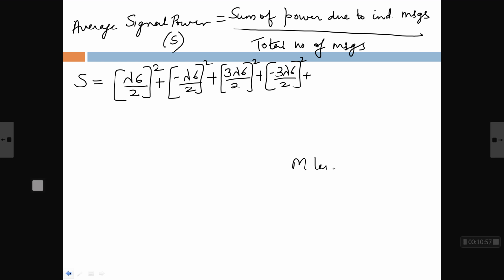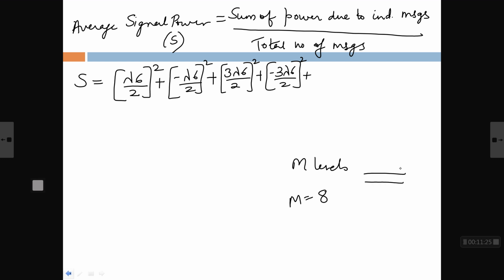Now how many such levels will be there? If we have m different levels, 4 are there on the positive side and 4 are there on the negative side, assuming that we want an even number of levels. So how many levels? Supposing we have 8 levels, m is equal to 8.